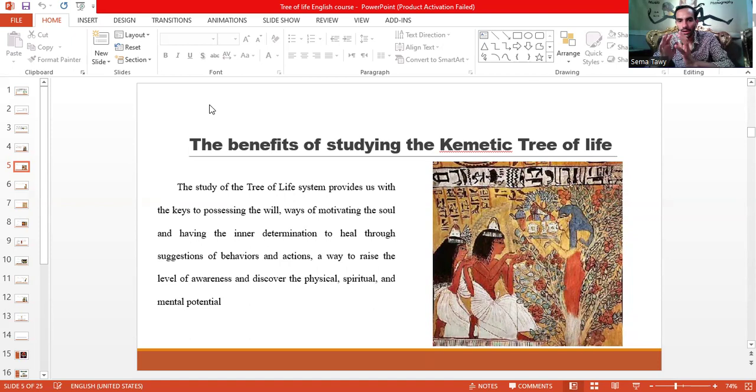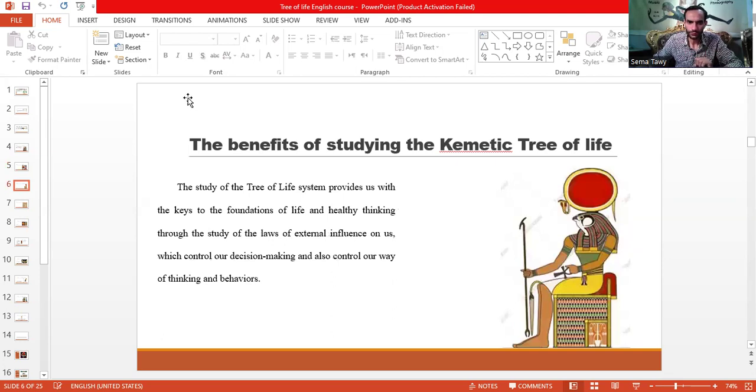So studying the Tree of Life system will provide us with the key to possess the will and the way to motivate soul and spirit, the way to raise the level of awareness, discovering physical, spiritual, mental potential.